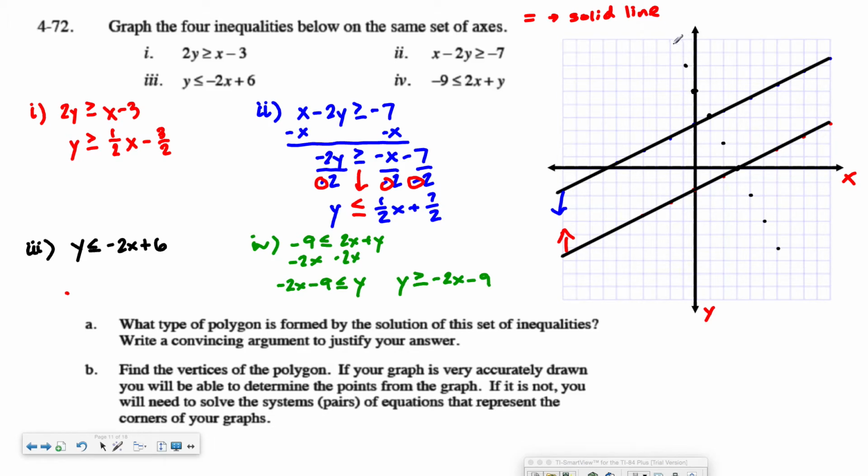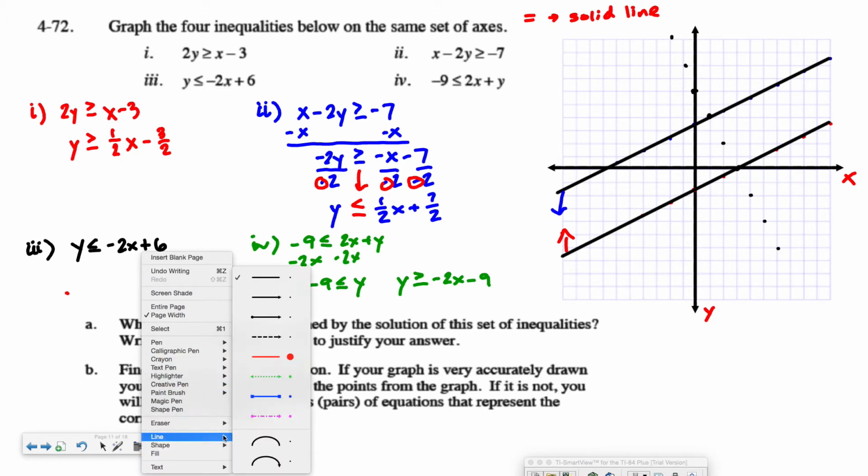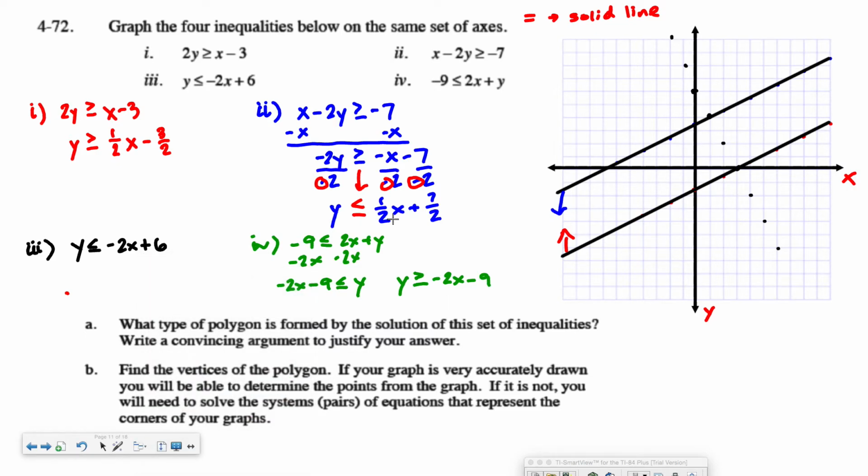Up 2, left 1. Use my line tool, let's put it on there. There's that one.